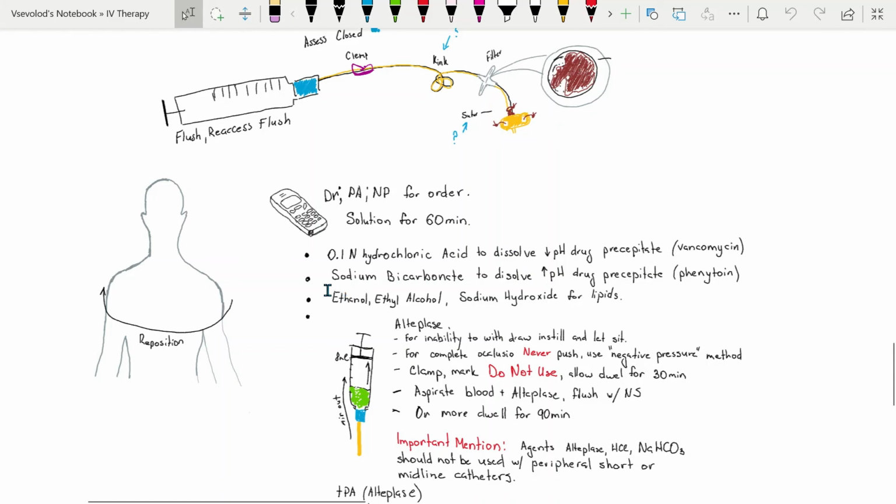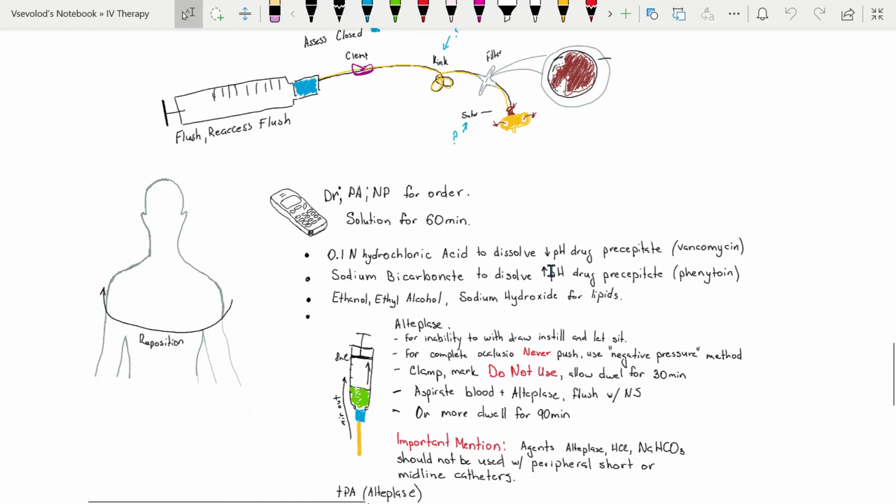Sodium bicarbonate can be used to dissolve high pH drug precipitate, such as phenytoin. Then ethanol, ethyl alcohol, or sodium hydroxide can be used to restore patency to the catheter with suspected buildup of lipids.